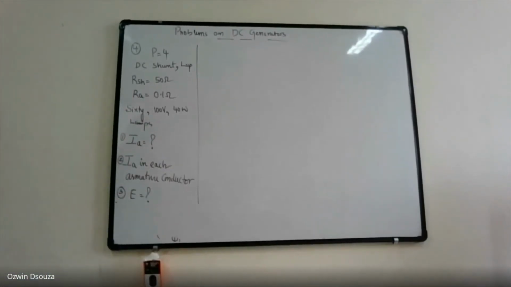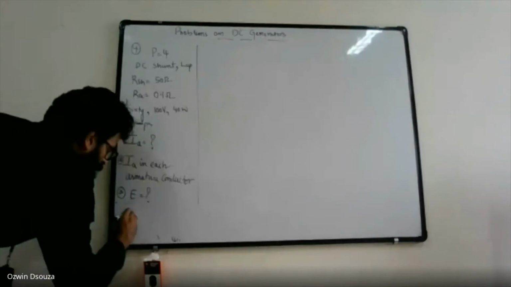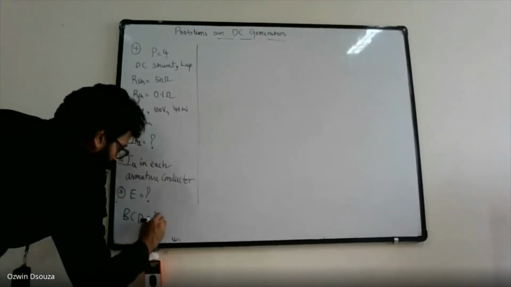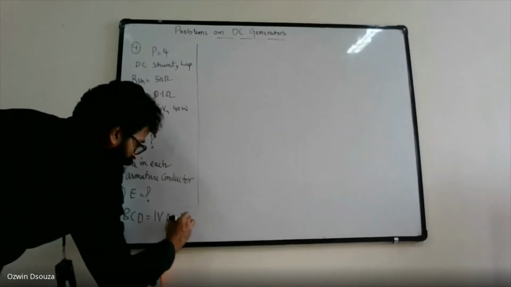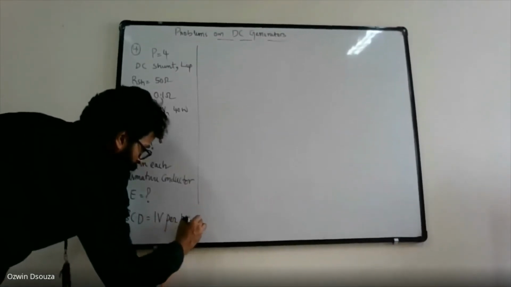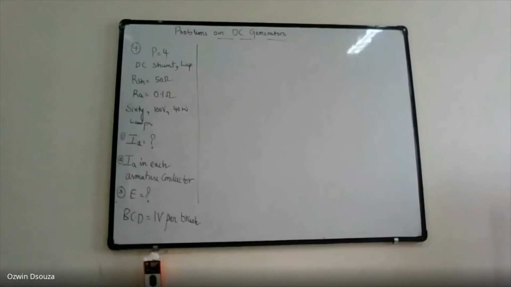Take 1 volt per brush as contact drop. So brush contact drop is equal to 1 volt per brush.